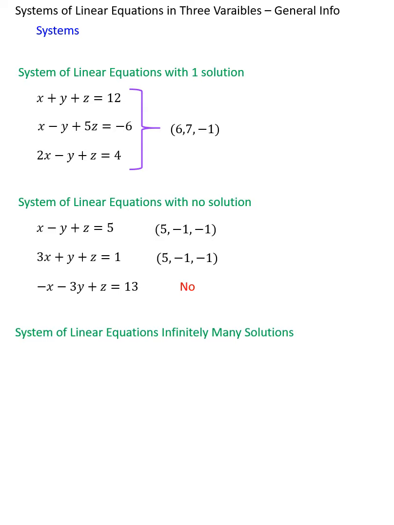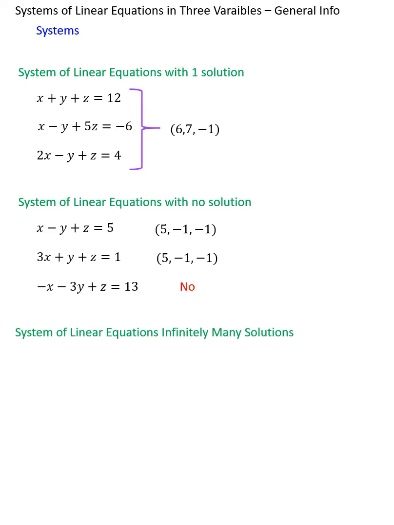Not just the example I showed, but any ordered triple you find that works for the first two won't work for the third. And nothing is special about the first two. For example, if you found an ordered triple that satisfied the first and third equation, it's guaranteed not to satisfy the second one. There simply doesn't exist a single ordered triple that satisfies all three of these.